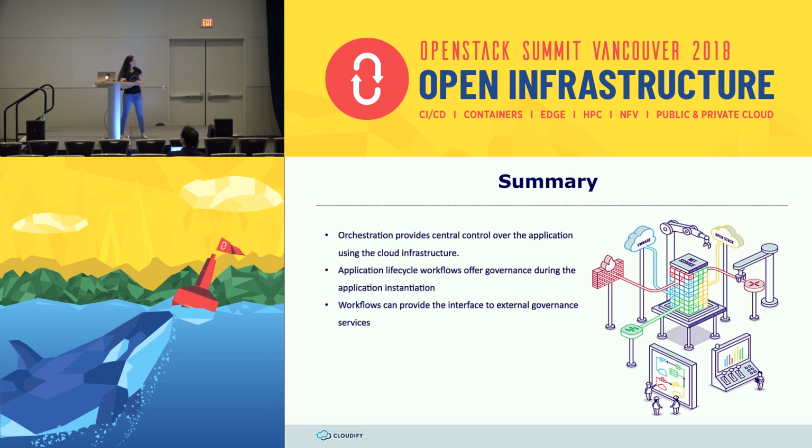So to summarize, orchestration is what can provide central control over automation and application management, service management. And so even in highly regulated industries, even in large organizations which have to comply with many different boundaries and security policies, there doesn't need to be concern or fear of automation.